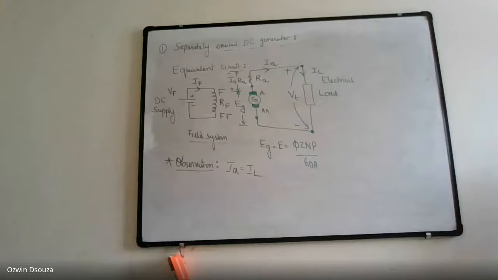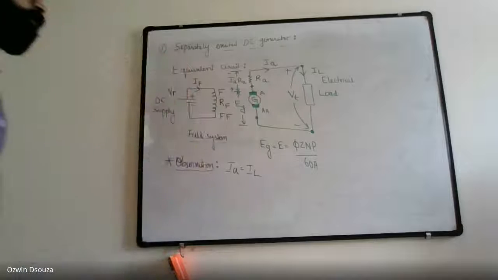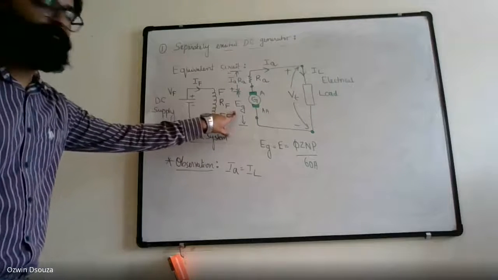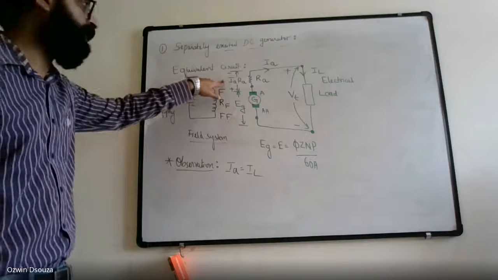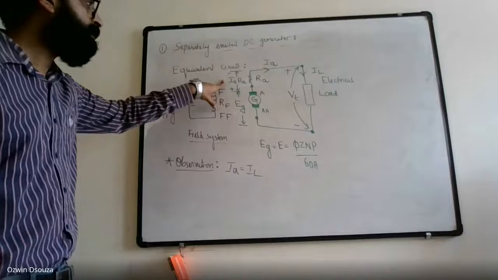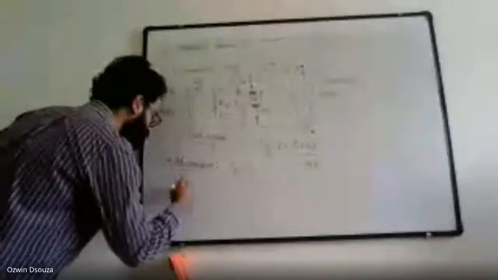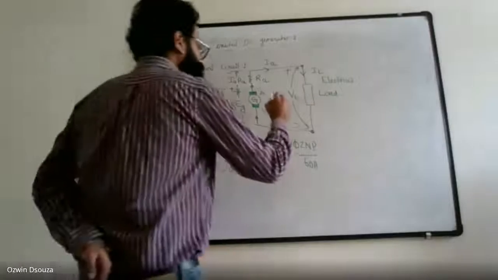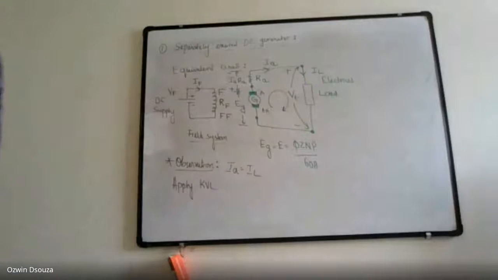And you can also see in the armature circuit that different voltages are present. You have a voltage across the armature terminal, a drop across the resistance RA, and a terminal voltage across the load. So what you can do is apply KVL, let's say in the clockwise direction.